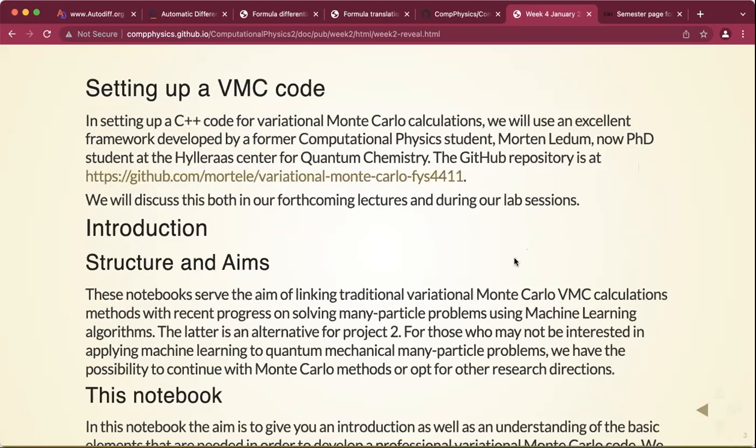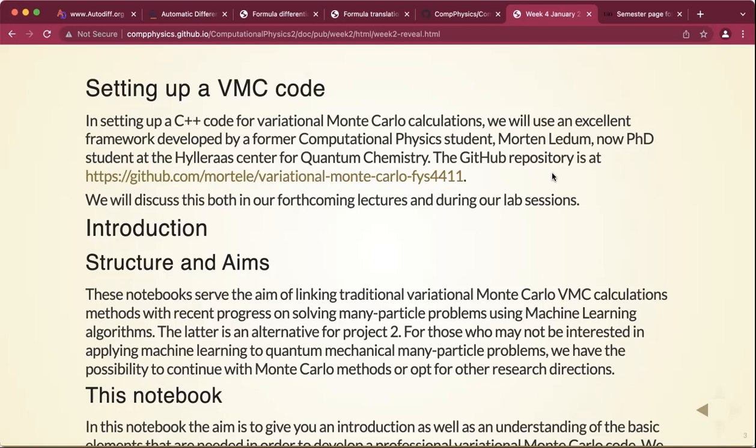So when we are setting up the code, there is a skeleton here, which is extremely useful. There was a former TA for this course, Morten Ledum, and he developed a very nice skeleton for setting up a C++ program. As we mentioned last week, and I'm going to repeat some of the things which we discussed last week, you should feel free to use other languages than C++.